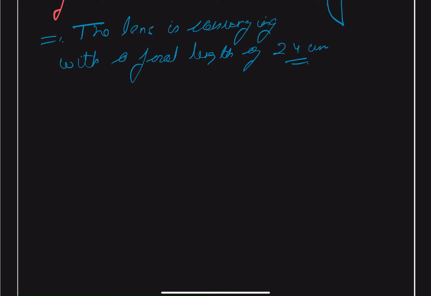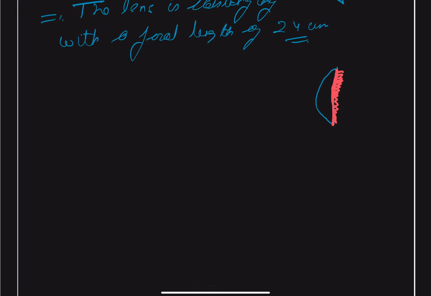Now we come to part B, where the plane surface is silvered. Initially the lens was a simple one. Now the plane surface is silvered.